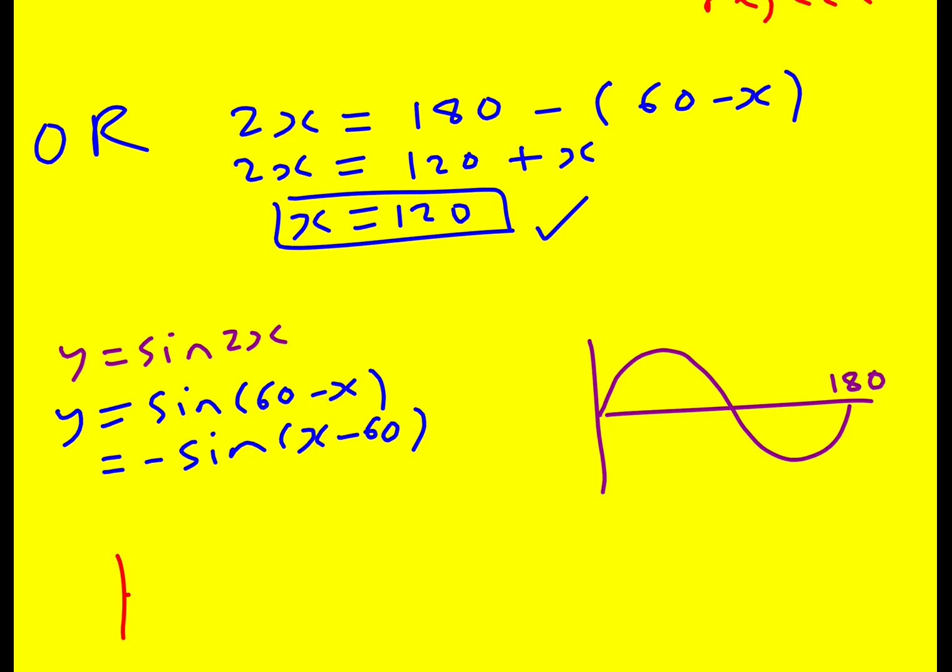So, a little practice sketch. If I want to plot, without the minus, y equals sine x minus 60, then it would be sine x, but it would be translated by 60 degrees. So it would be like this, and it would come down like that. And that would approximately be 360.